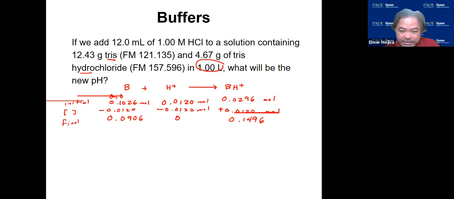Oh, wait, I think I messed up. 0.0296 plus 0.012 there, 0.0416. Analyze. Does the value make sense?